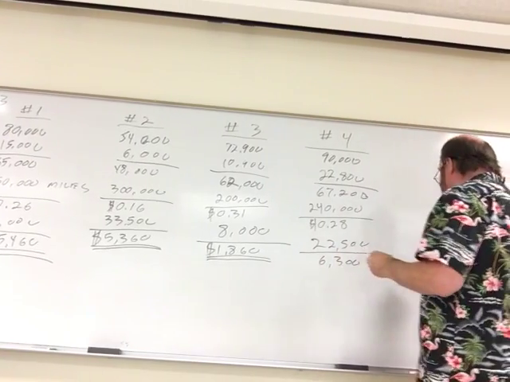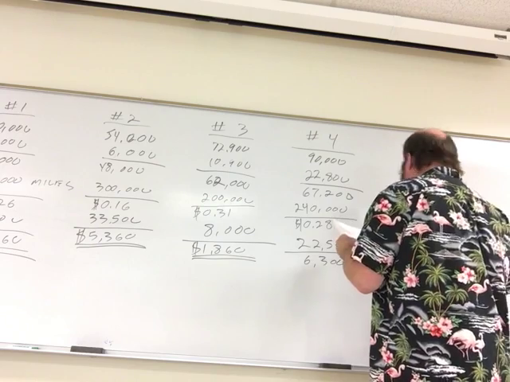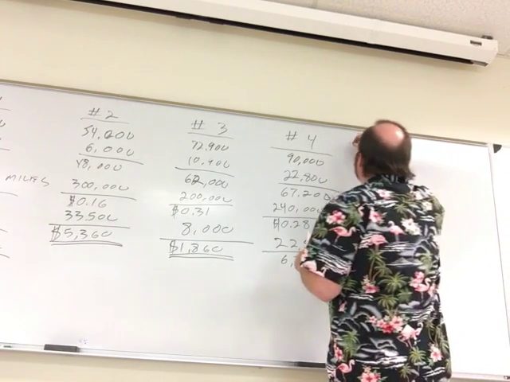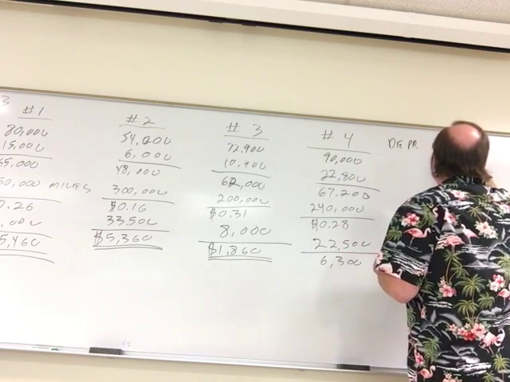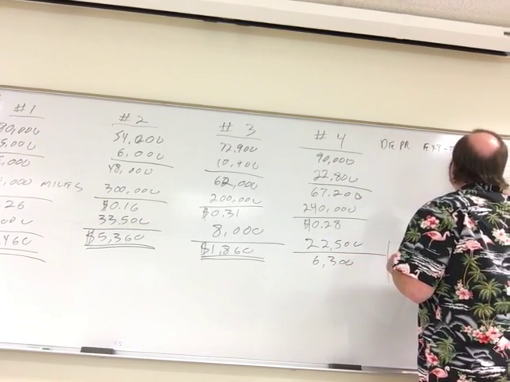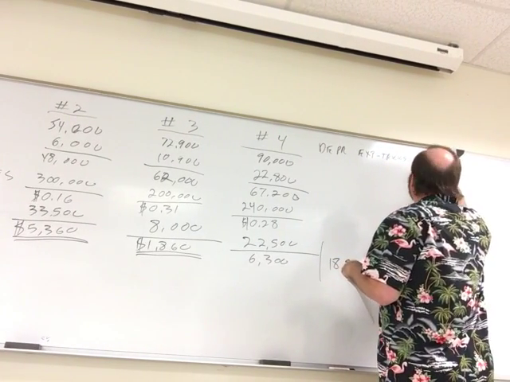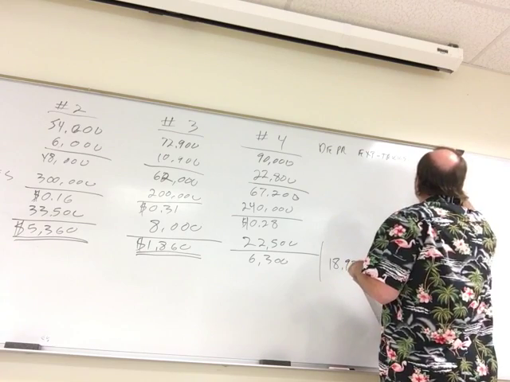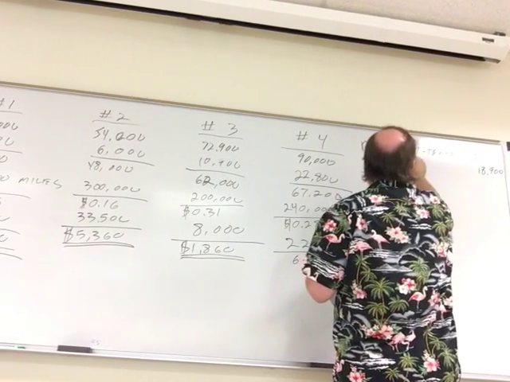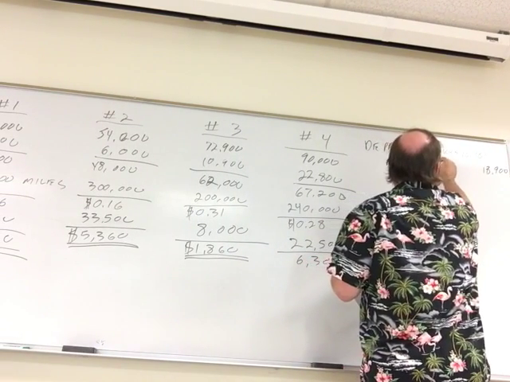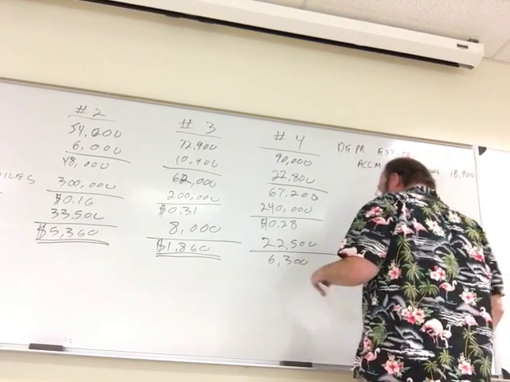So in total, we have $18,980, which will be our depreciation expense, trucks, $18,980, and accumulated depreciation on trucks for that.